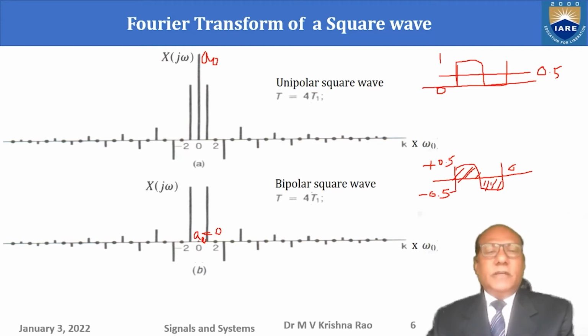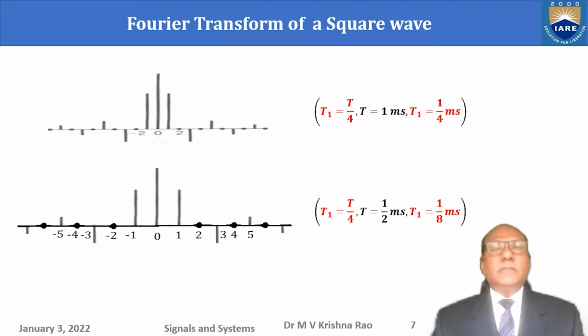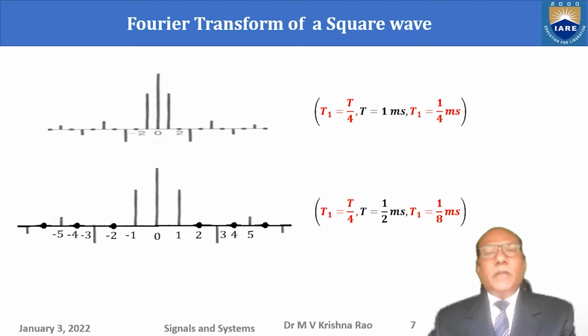So here A0 is nothing but the DC value, and in the second bipolar waveform there is no DC, hence A0 equal to 0 here. Okay. Now let us move to the square wave with some numerical examples. Same plot I am putting here.